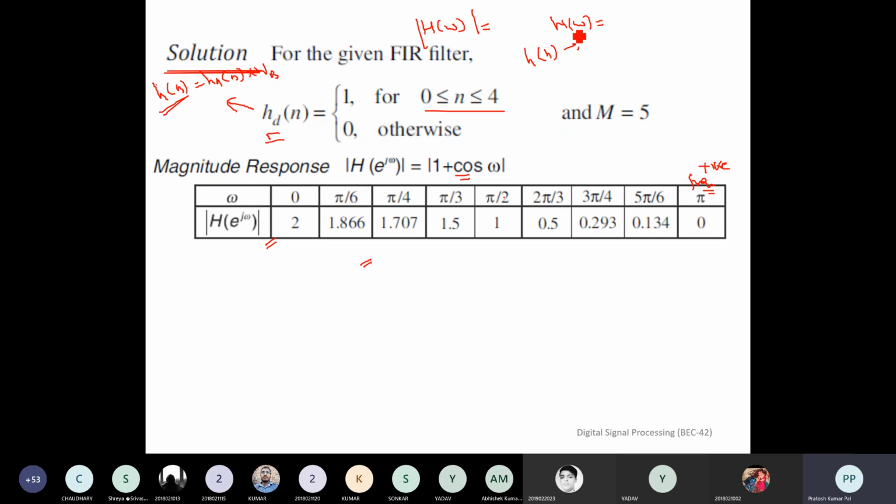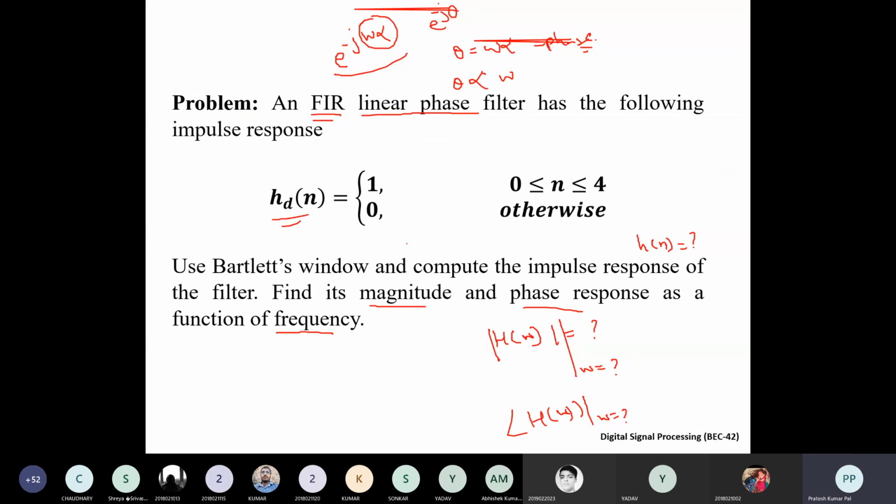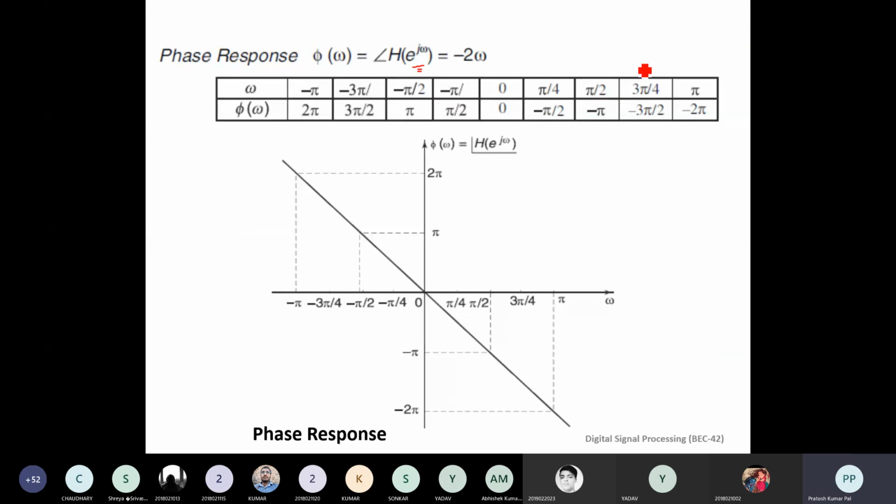In this h of omega, whatever real part and imaginary part are there, we will be separating. The phase of h of omega will be given by the imaginary part and the real part, and it will come out to be minus 2 omega.